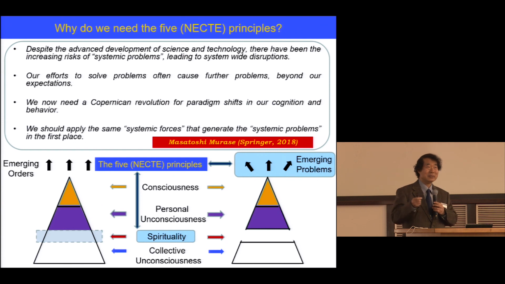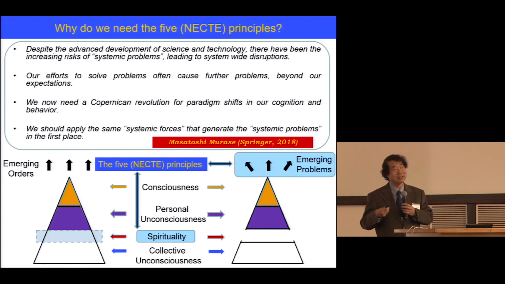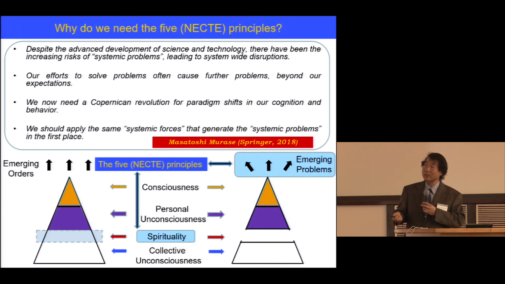So there must be something wrong with our scientific attitudes. This is the ideal case, and these are visible problems or orders, and this is consciousness, personal unconsciousness, and collective unconsciousness. And I believe spirituality must be incorporated.